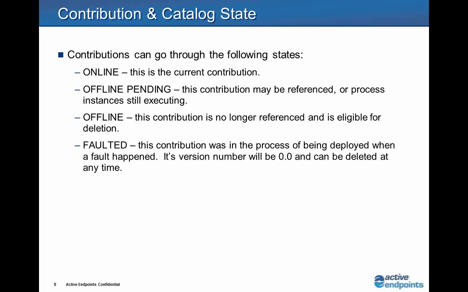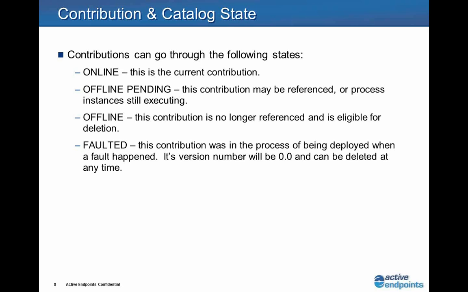There's also another state called faulted, which is if you go to deploy a contribution and it fails to deploy for some reason, referencing artifacts that don't exist, or there's a compilation error or anything else like that, rather than pretending it doesn't exist, we know it exists. It's there. You can go and look at it in your console and see what went wrong, but it's in a faulted state, and it doesn't prevent the older version, which will stay in its online state.